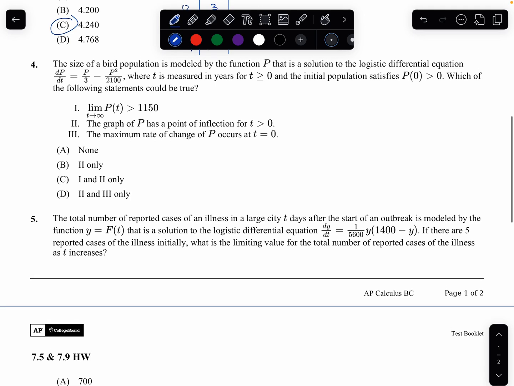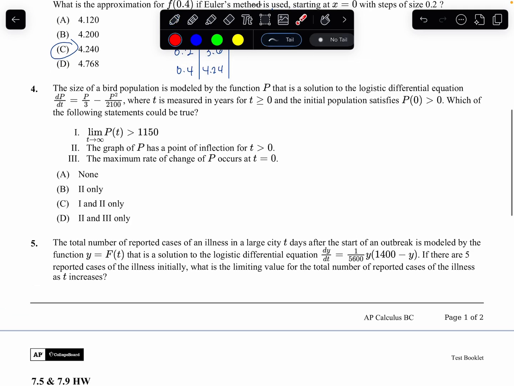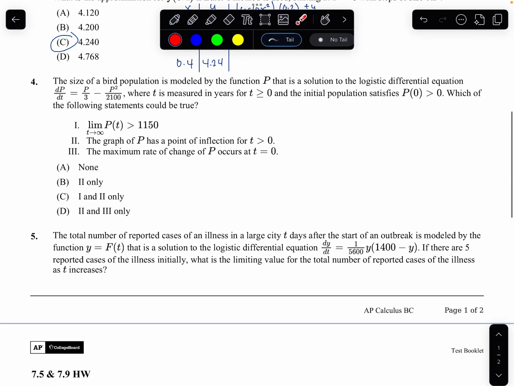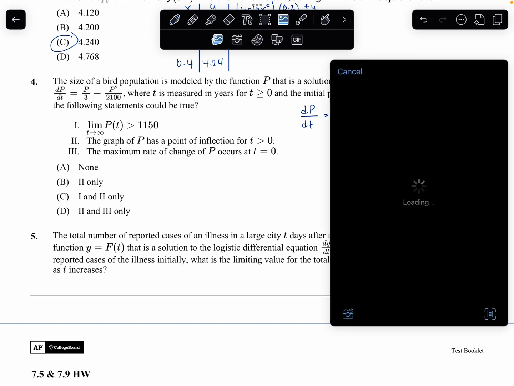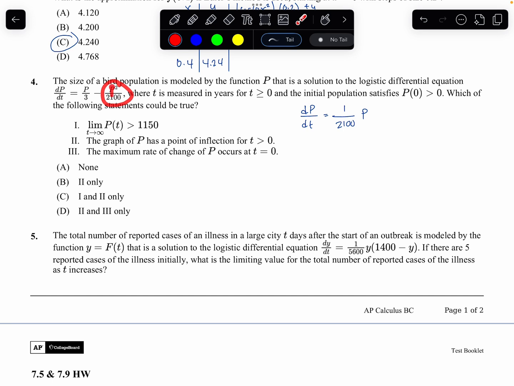Alright, now for 4, looks like we're jumping into 7.9 now with logistic models. The size of a bird population is modeled by the function p that is a solution to the logistic differential equation given here. So before I do anything, I'm going to factor that. So dp dt. I'm going to factor out a 1 over 2100 p because I want this to just be p.